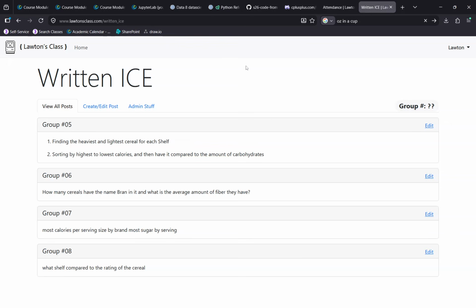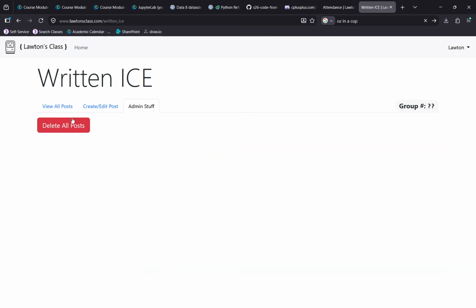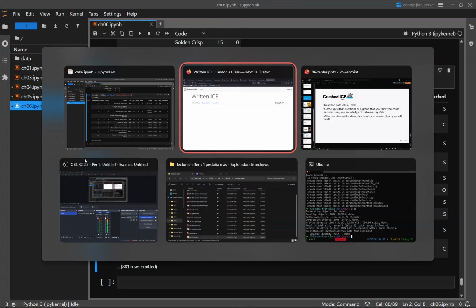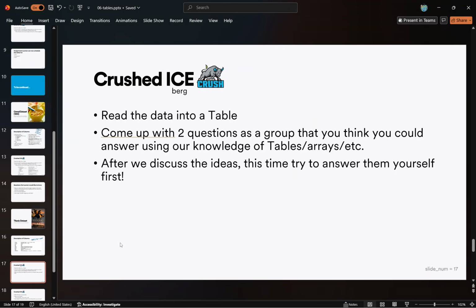And just in case, it might be hard, so maybe refresh the Python page so that I can clear it all out and then it doesn't get confused. Give this a try. Let me know if you're having any trouble reading into the Titanic page. But I've got some questions as well.